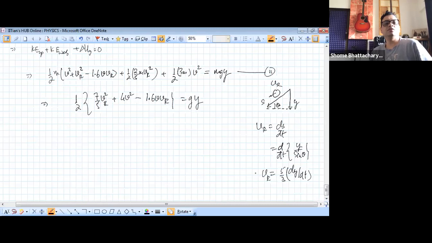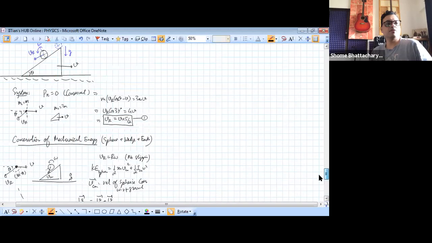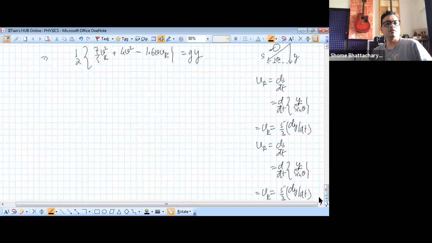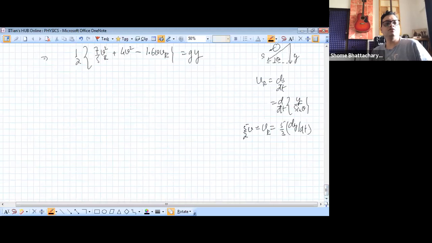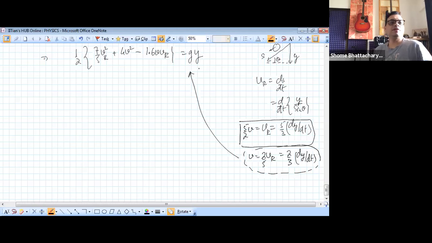So V relative is equal to this, and V relative in terms of V, from equation 1, was 5 by 2 V. Okay. So 5 by 2 V is equal to V relative, which is equal to this. Or V is equal to 2 by 5 V relative, which is equal to 2 by 3 dy by dt. So we're going to make use of this like a constraint relation when required for acceleration.